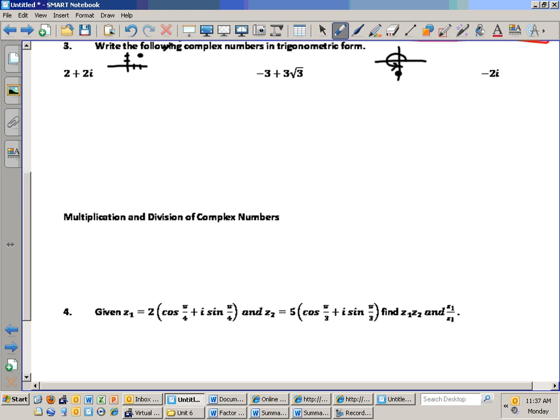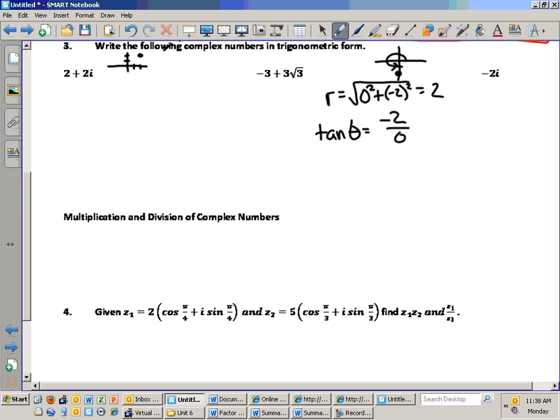If you were to continue to go through the motions, you could say r is equal to the square root of a, which is 0 squared, plus b, which is negative 2 squared. What are you going to get? Square root of 4, which is 2. And then to find theta, we use tangent of theta is equal to b, negative 2, divided by a. A is 0.